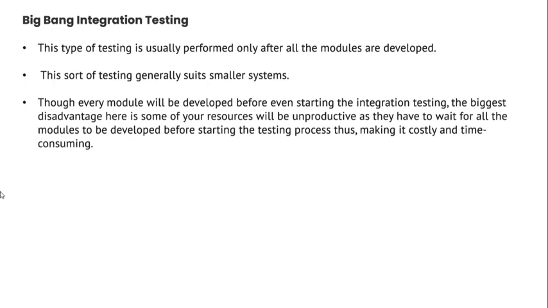Then only you can perform this Big Bang approach. This sort of testing generally suits smaller systems. This is only for small projects which have just a few modules, like three or four modules. With those modules we can easily go with this Big Bang approach, though every module will be developed before even starting the integration testing.